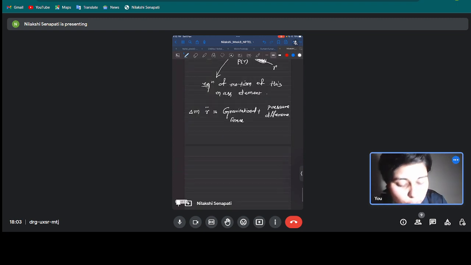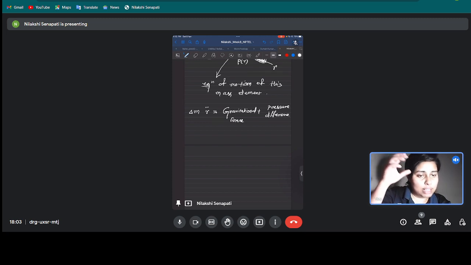So these are the two main reasons which play a role in making a system mechanically stable, where a gravitational pull inside and pressure force outside are working on it, and they are balancing each other.